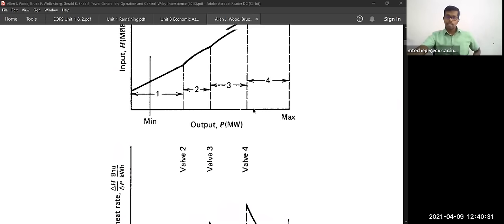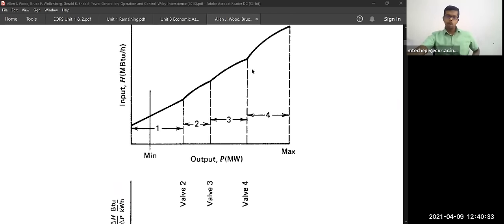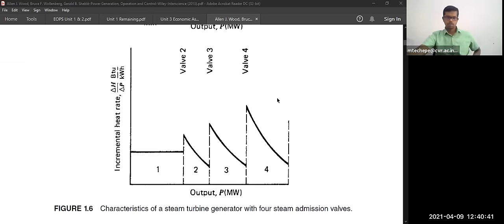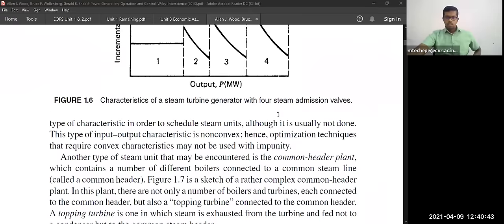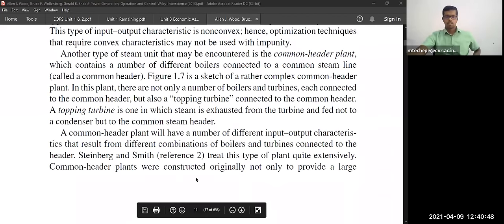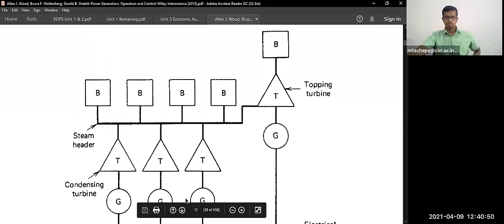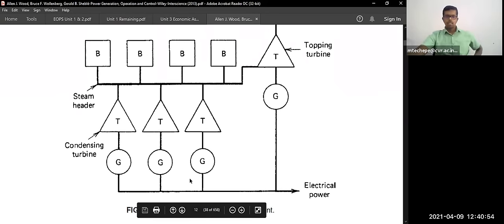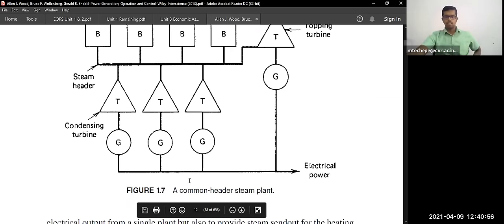Another thing I also said: the valve point loading effect. That is one of the important things you have to understand. Valve point loading effect. I think we have seen this in the class itself.